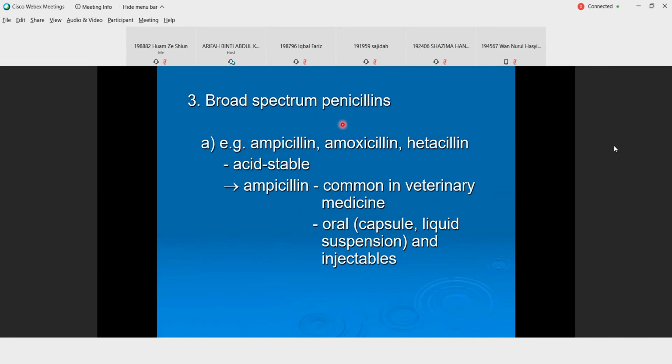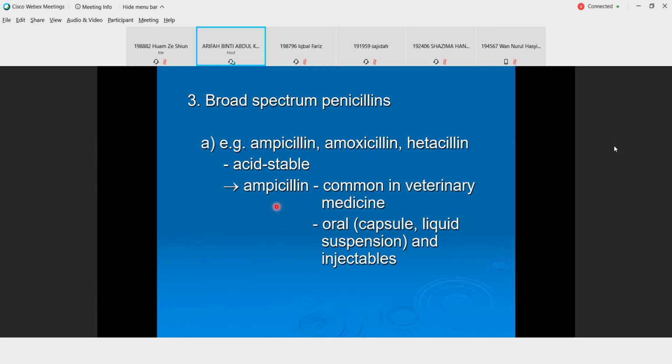The next group is very popular, both in human and veterinary practice: the broad spectrum penicillins. We have ampicillin, amoxicillin, and hetacillin. All these are acid stable and very common in veterinary medicine. I think I've mentioned Betamox before, and I also showed you a picture of it.